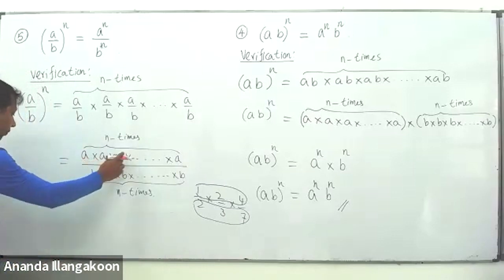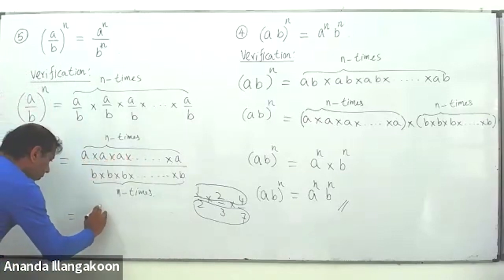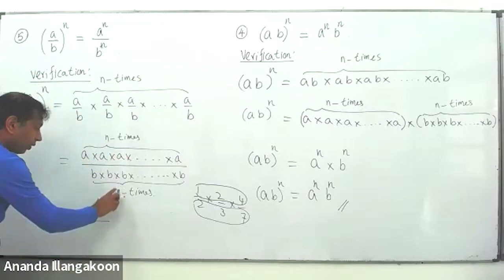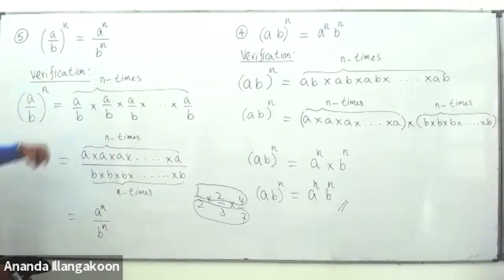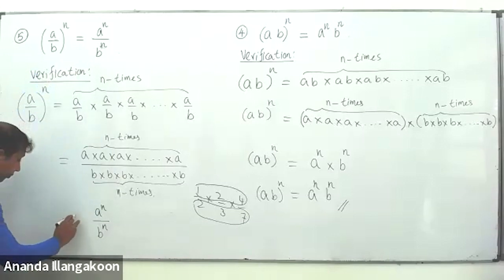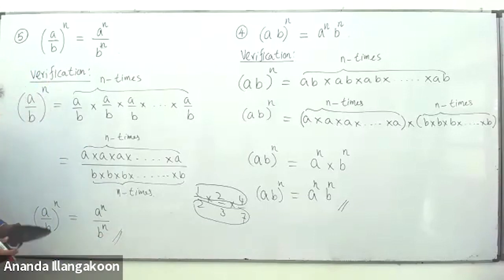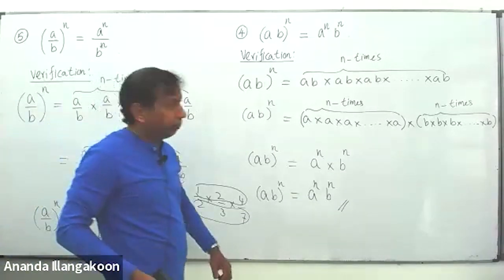How to write this then? A to the power n, this B to the power n. Then you can see the truth of that. A upon B to the power n is equal to this answer. This is how we verify that. Right.